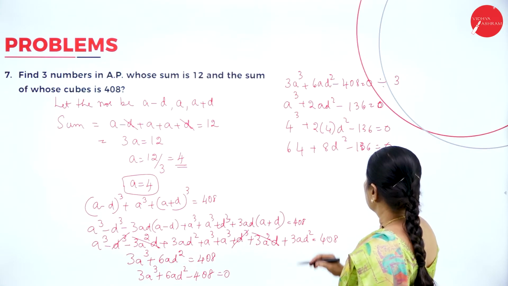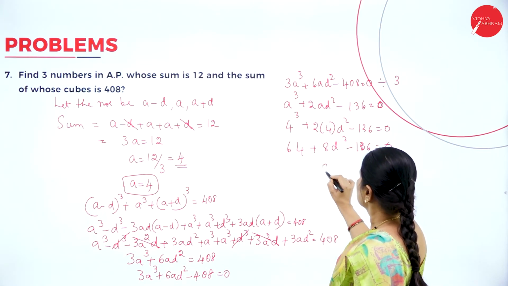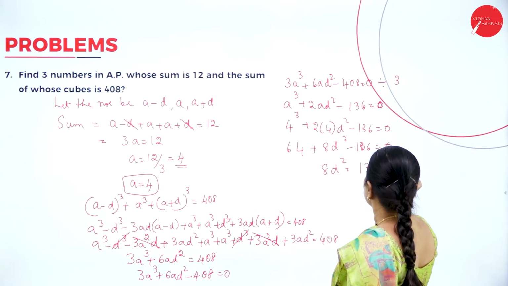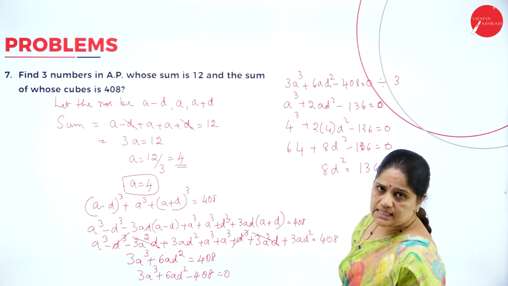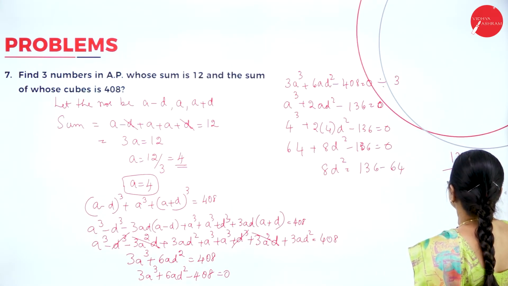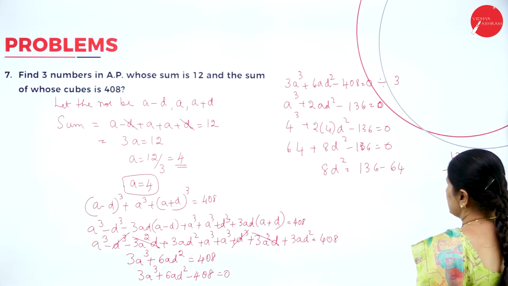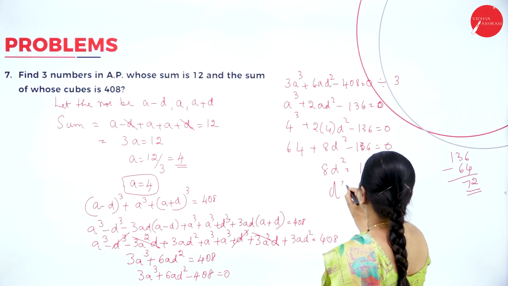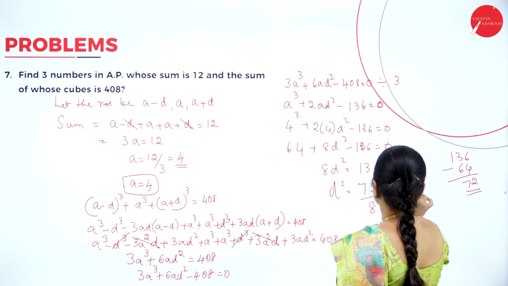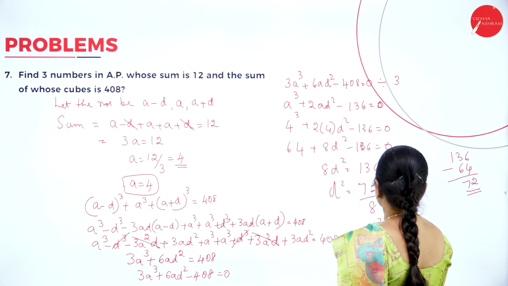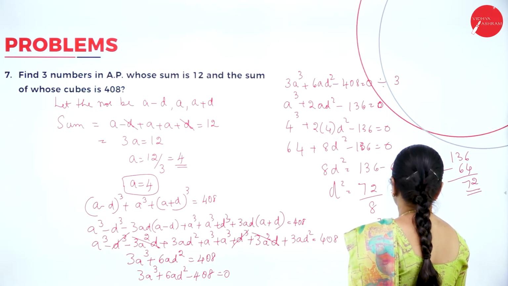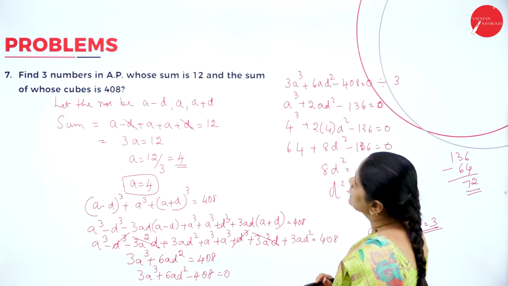So, I will simplify this. 8D square equals 136 minus 64. So, 136 minus 64 is 72. D square equals 72 by 8. So, D square equals 9. D equals 3.